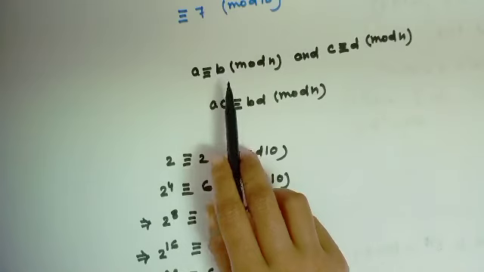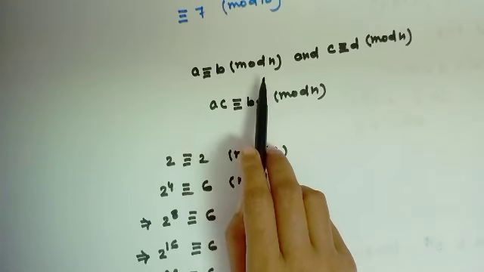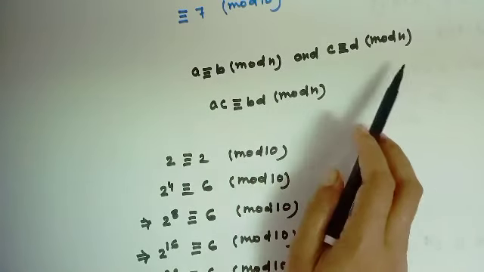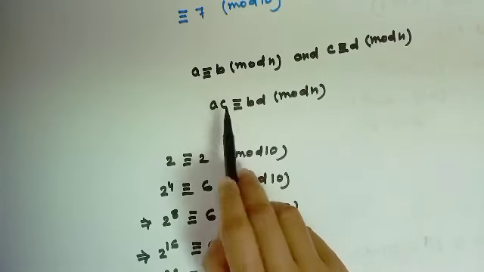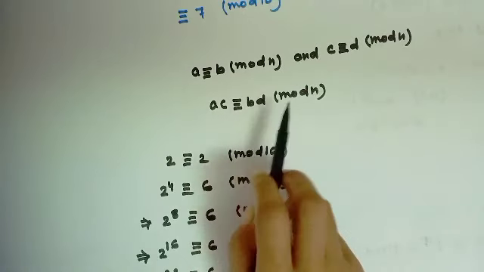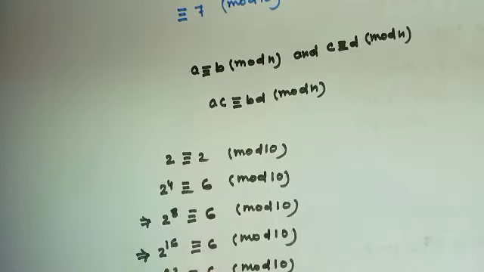Now the property we all know: if A is congruent to B modulo n and C is congruent to D modulo n, then AC is congruent to BD modulo n.